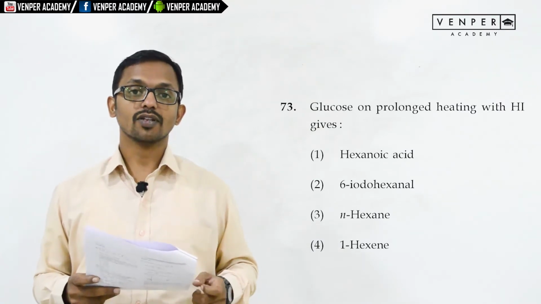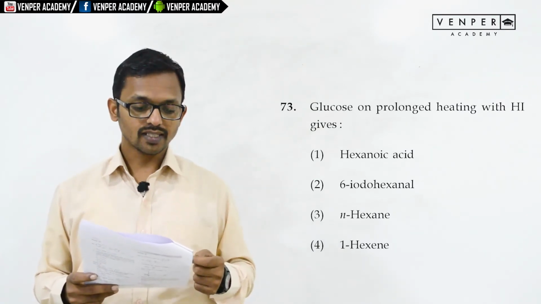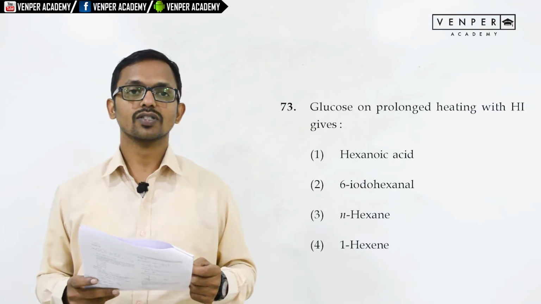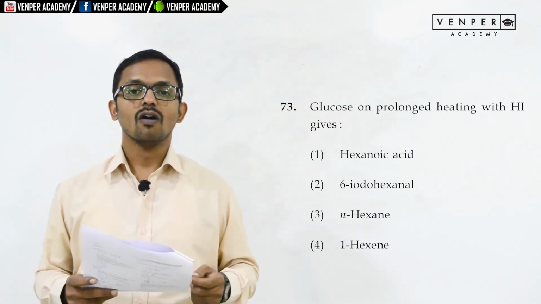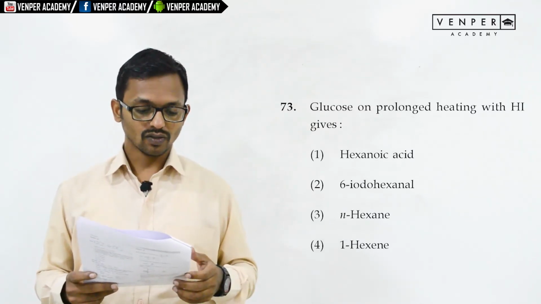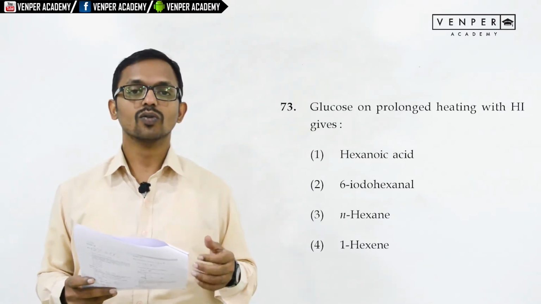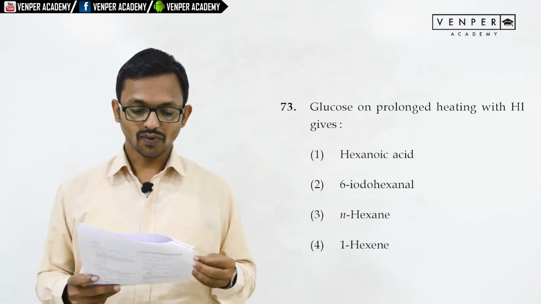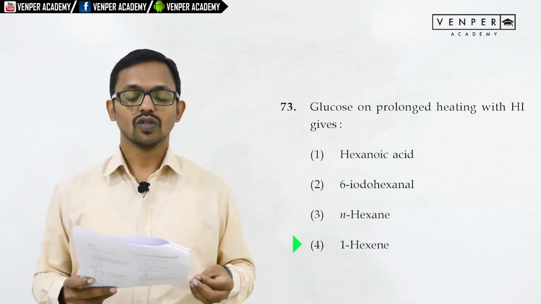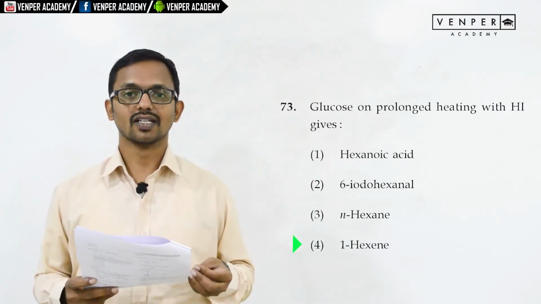When we heat glucose with hydrogen iodide for a long time, all the OH groups and the CHO group undergo reduction. As a result we will get n-hexane. So in the given 4 options, option 3 is the correct answer.